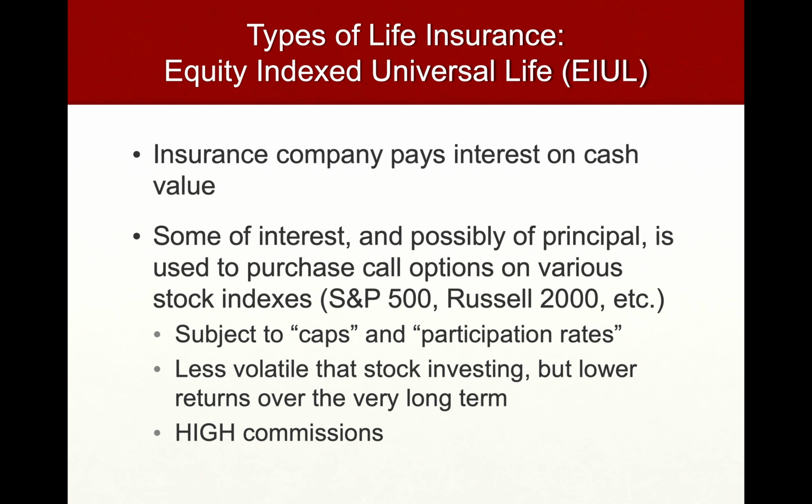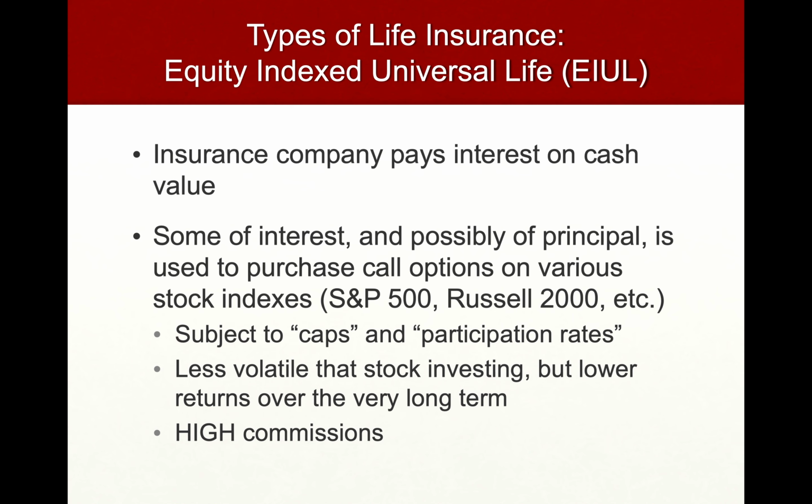Another type of insurance is index universal life. It's become quite popular because the cash values don't fluctuate anymore. Basically, let's say you put $10,000 into this policy, after commissions, whatever's left is invested with the insurance company. The insurance company basically pays dividends on it.